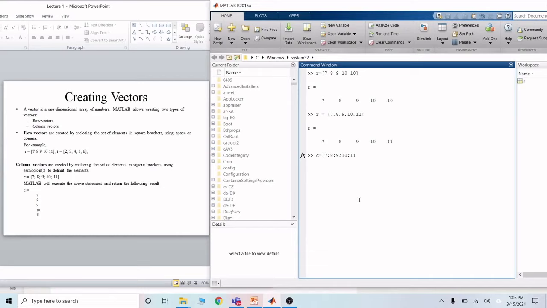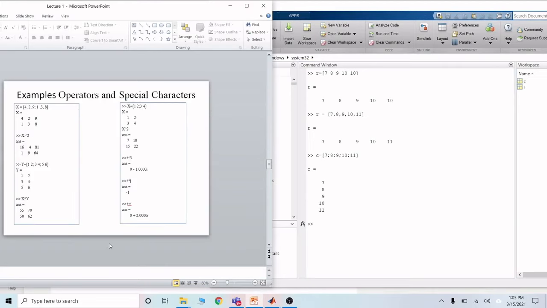Semicolon separates rows, because in the column vector C there are 5 rows. This is the column vector 7, 8, 9, 10, 11. You can say that this array has 5 rows, and R has 5 columns and 1 row. For separating the rows, we use semicolon.